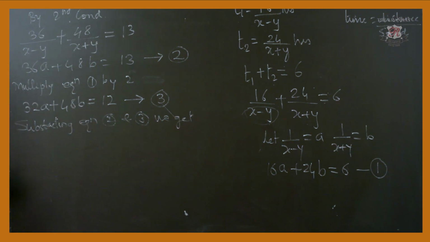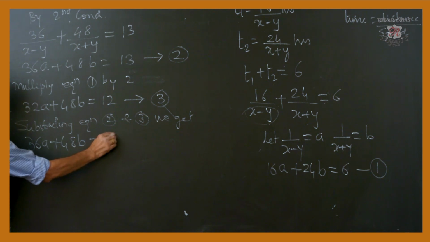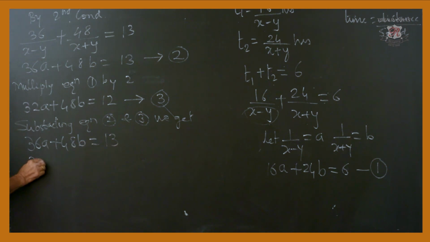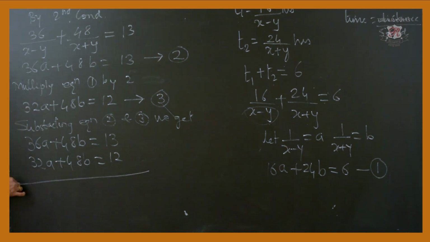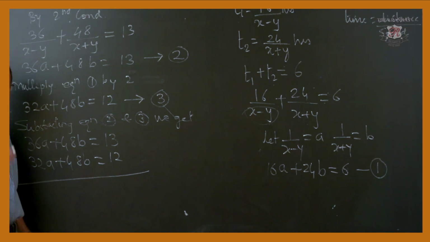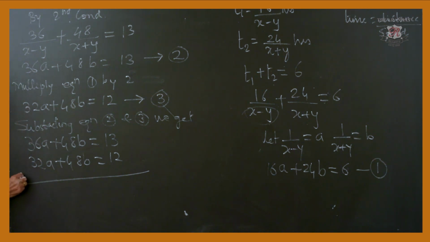What do we get? See now, 36a plus 48b is equals to 13, 32a plus 48b is equals to 12. I am telling you again and again, when you are subtracting, the sign changes.